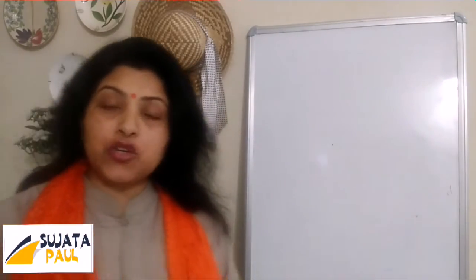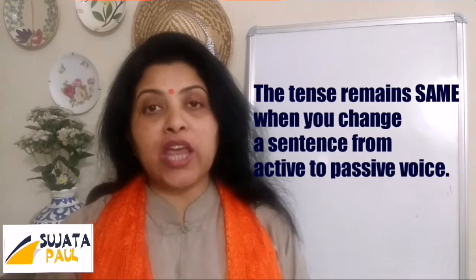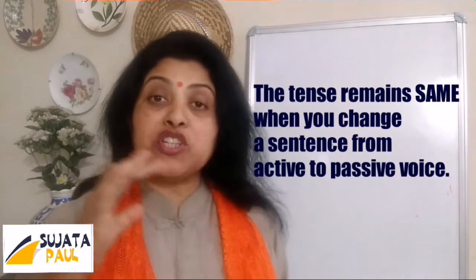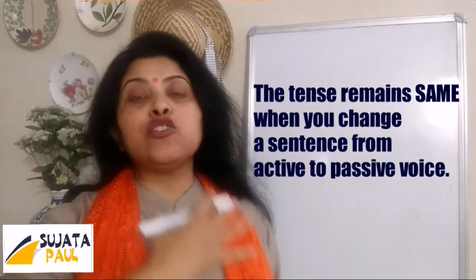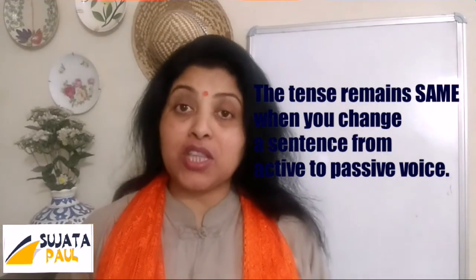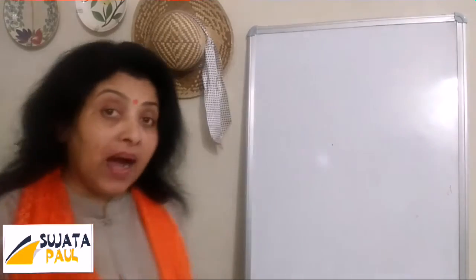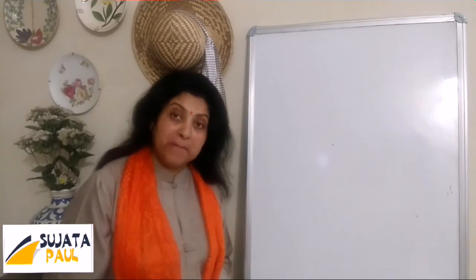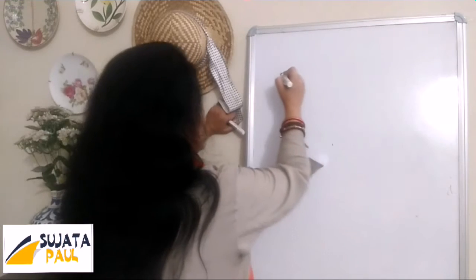One thing that you need to remember is that when you change a sentence which is in active voice into passive voice, you do not change the tense. Yes, I am talking about the tense of the verb. But what you use in the passive voice is this.